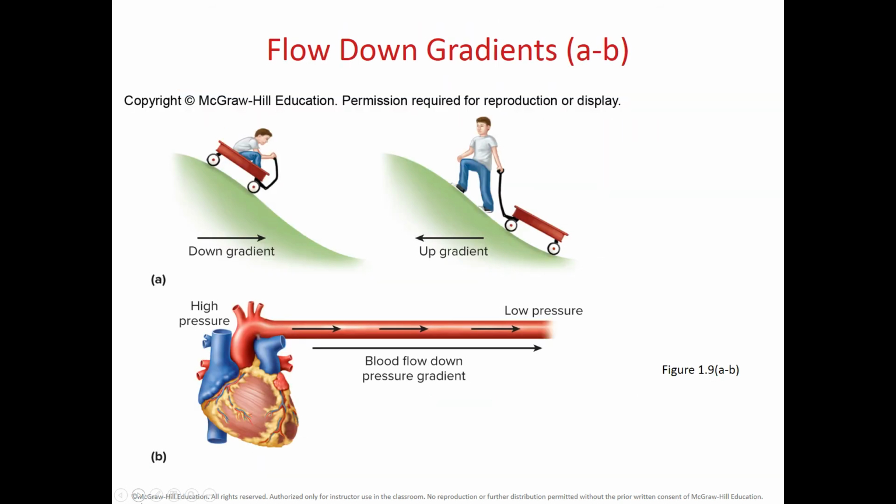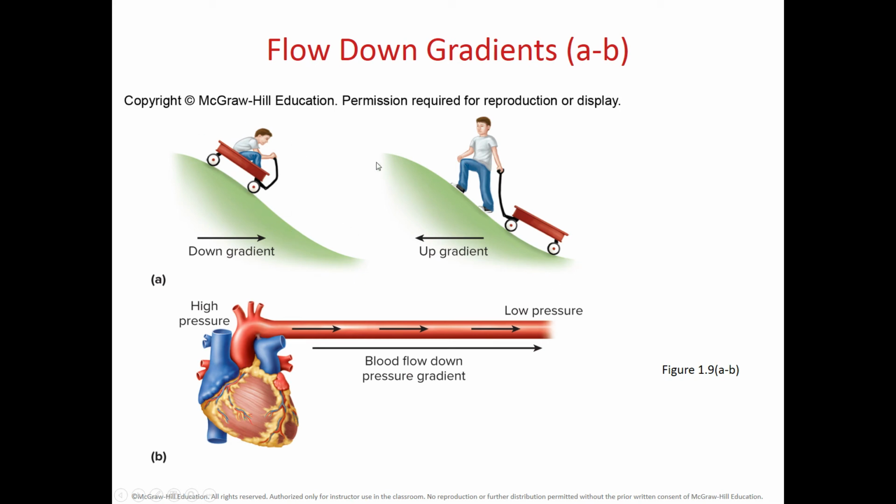So this figure shows you an example of how down concentration or up concentration gradients happen. In this case, you have someone going downhill. So this is going from high to low. This is a down gradient. You don't use energy.